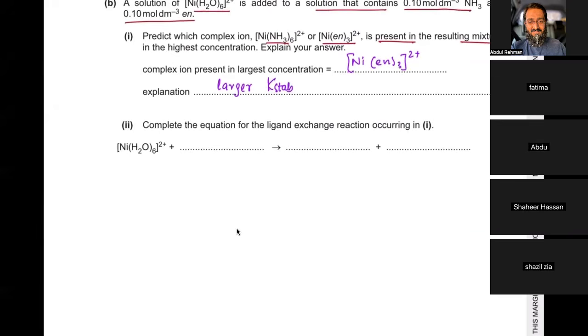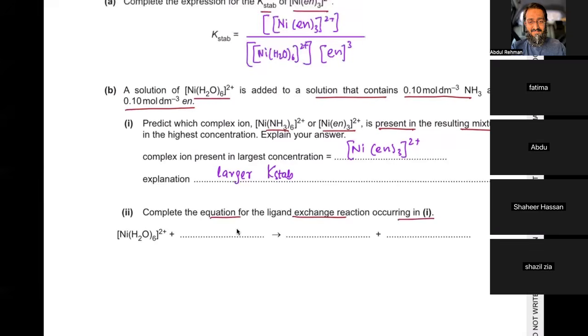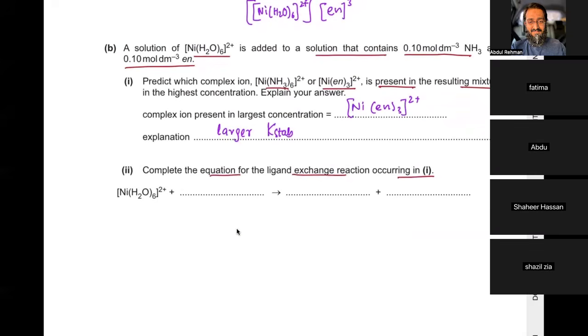Okay, now complete the equation for the ligand exchange reaction occurring in 1. So en is being reacted, right? So 3 moles of en. Now over here, Ni(en)3 2+ with 6H2O. Is this clear?